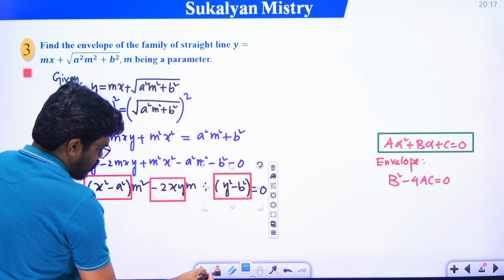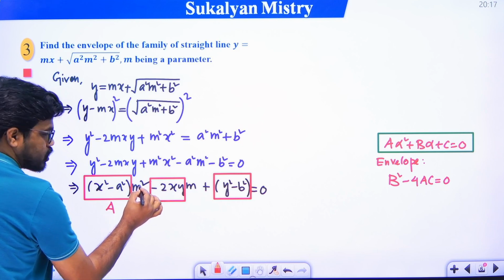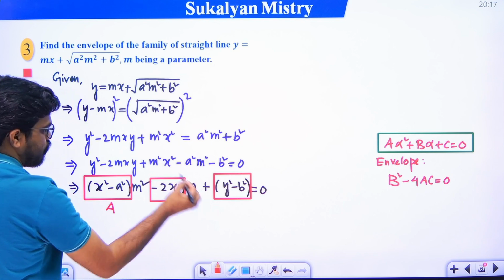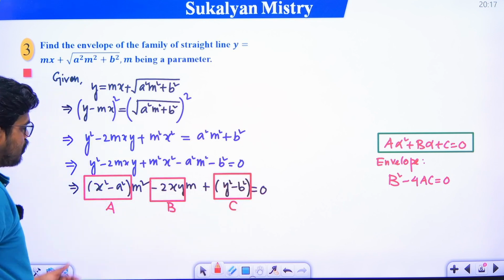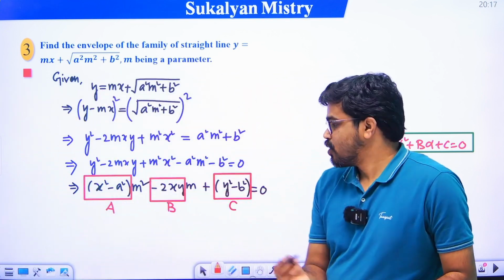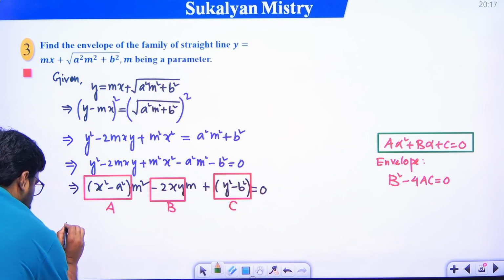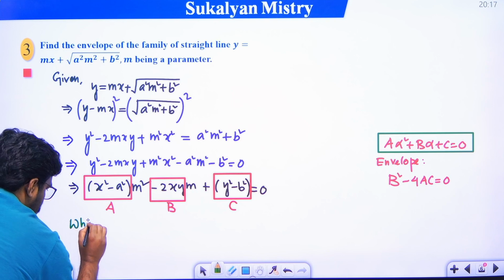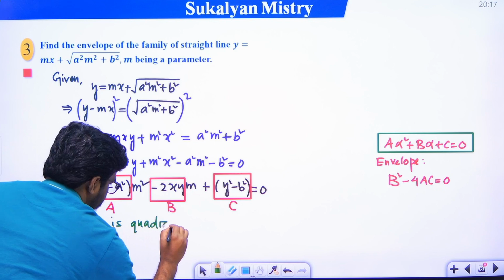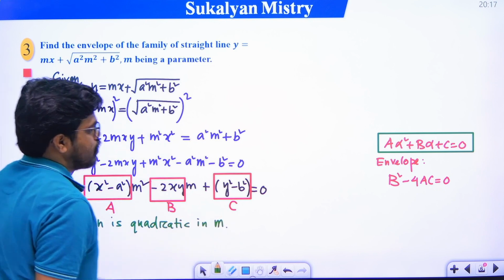Getting my point? Basically, just consider this as a alpha square. Alpha is a parameter, here m is a parameter. a alpha square plus b alpha plus c. So this is a quadratic equation in m.